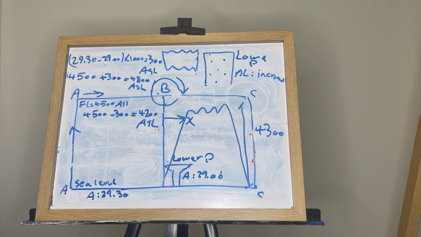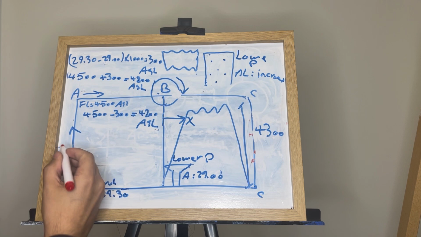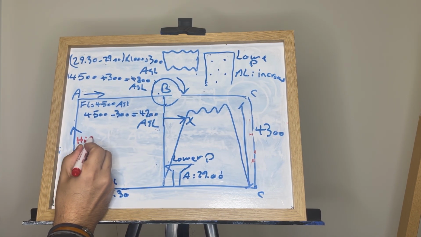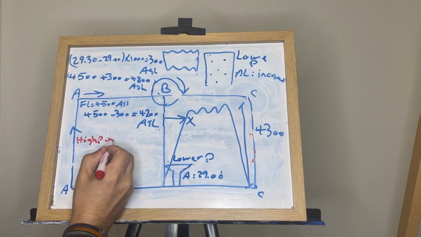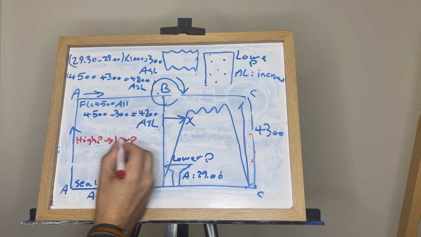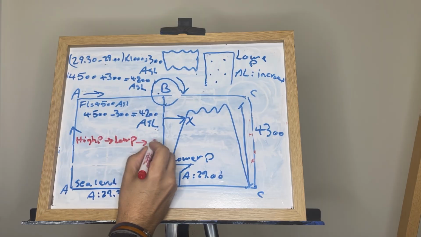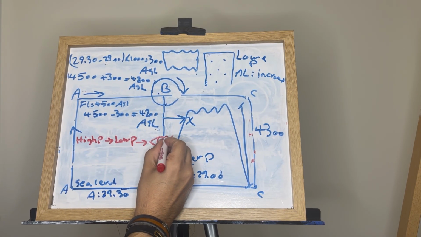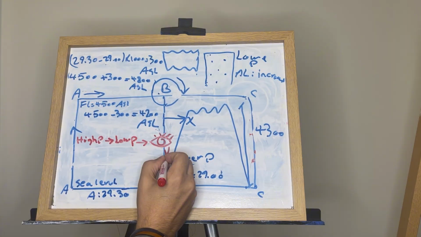So when flying from high pressure to low pressure, the pilot should look below.